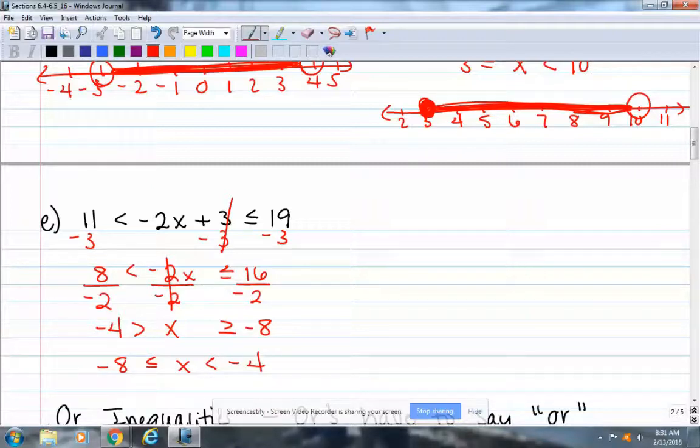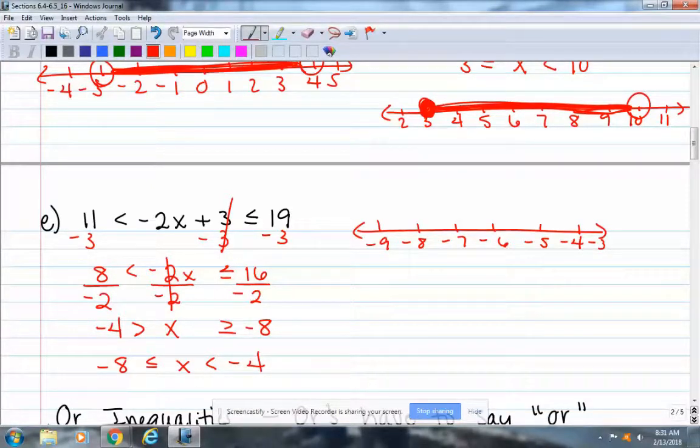All right, now we can draw that number line. Negative 9, negative 8, negative 7, negative 6, negative 5, negative 4. I'll stick a negative 3 on there. So just make sure your number line is big enough to take care of those two numbers. If they're really far apart, then go by 2s or go by 5s or something like that.